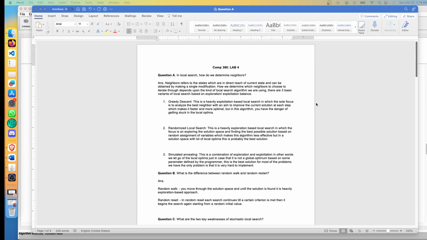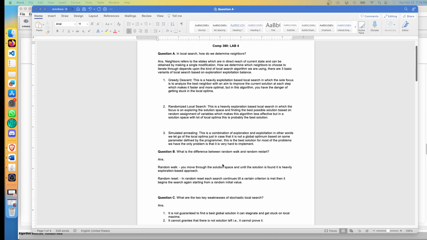In these kinds of algorithms, we determine the neighbors by a combination of exploration and exploitation, so we don't get stuck in local optima and we can find global optima. These are the best kind of algorithms. The only difficulty is that they are difficult to implement.